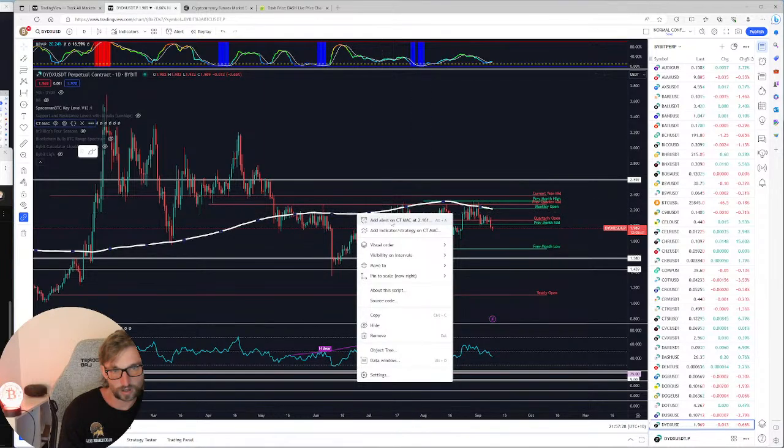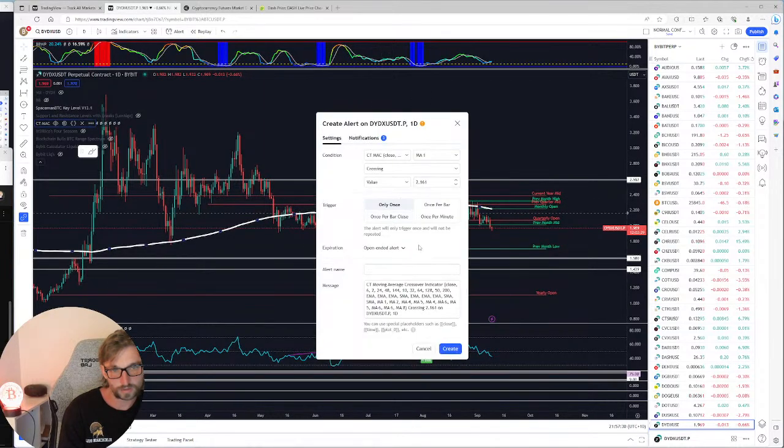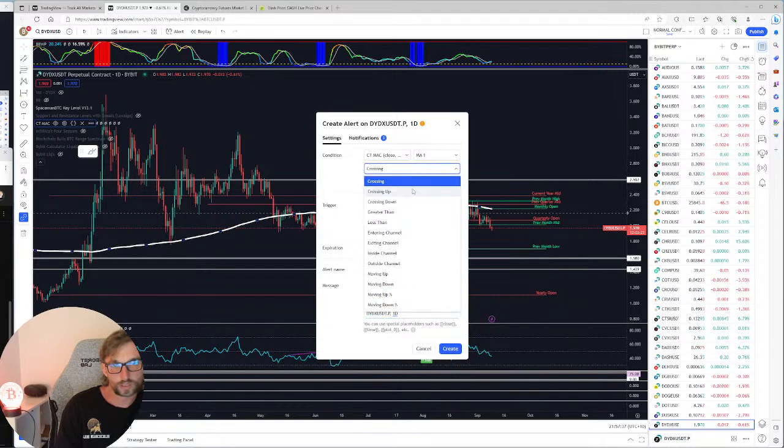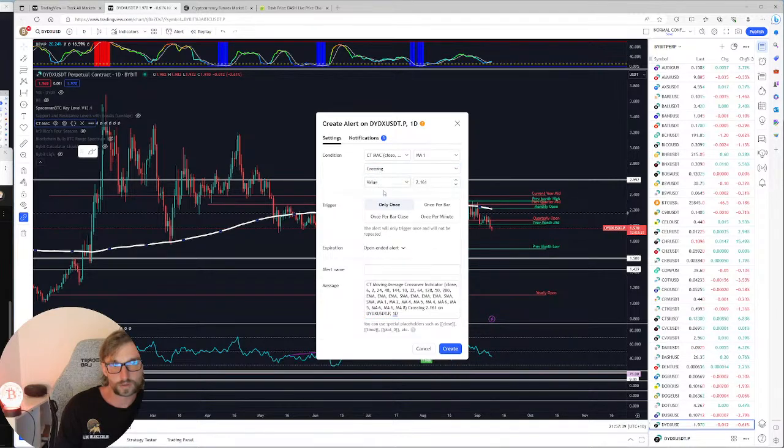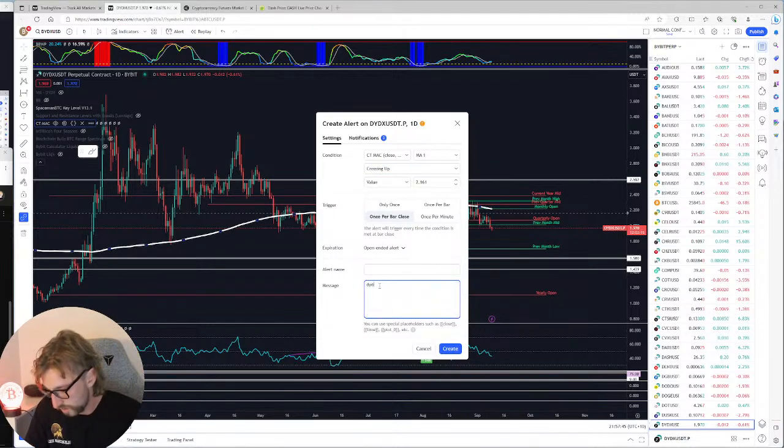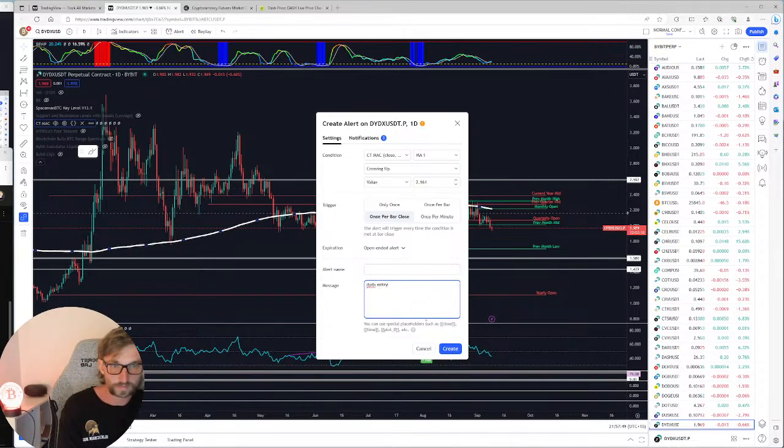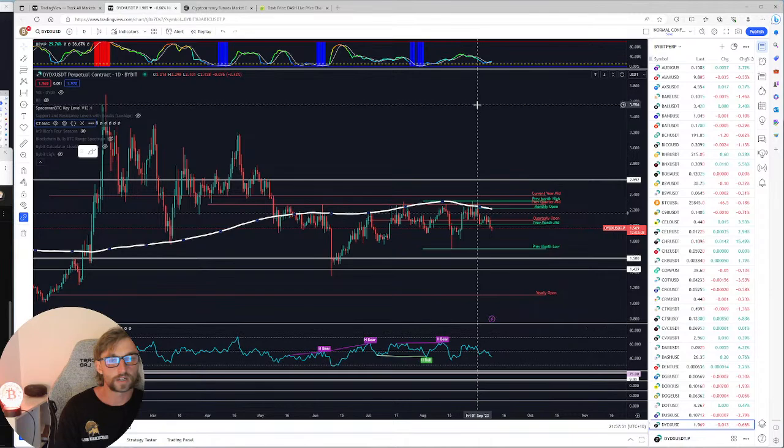So you can set an alert on this as well. On closing. Crossing up. Per bar close. GYDX entry. See if we get a close above it.